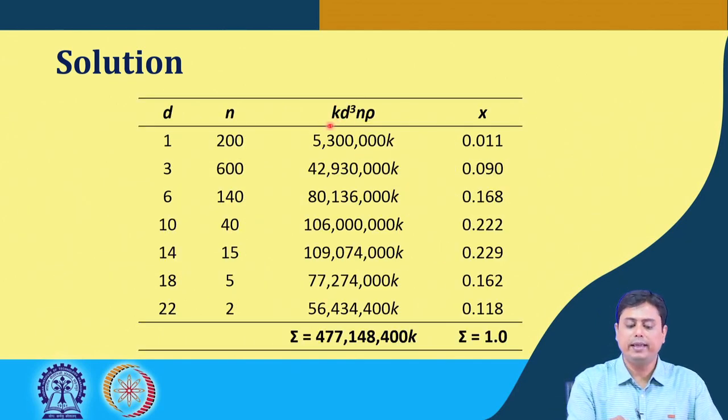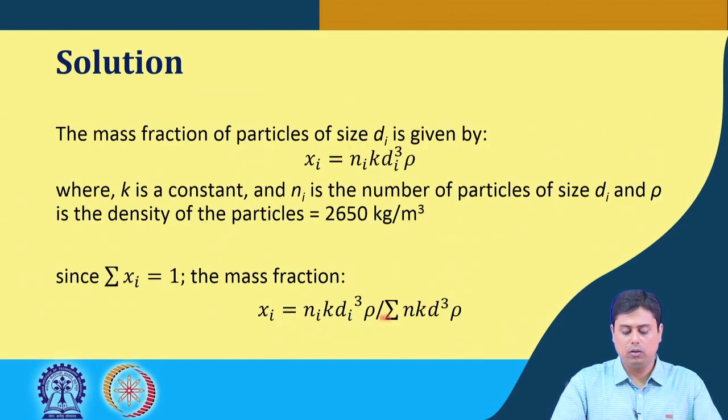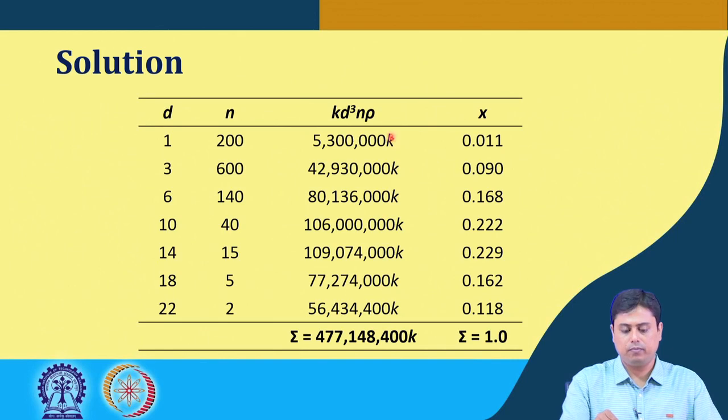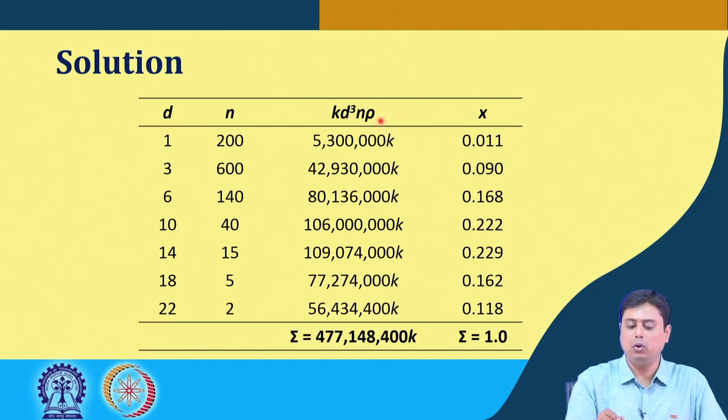So, then we calculate this k d cubed and rho value multiplied by the n, which gives us such values here. So, d, n and rho are given. Even if rho was not known, this could have been a rho parameter and a constant prefactor.